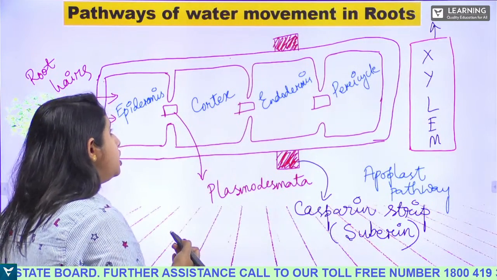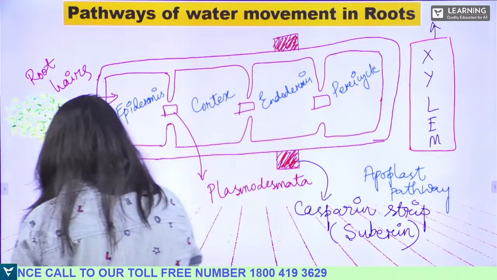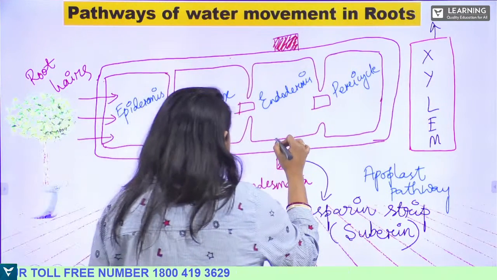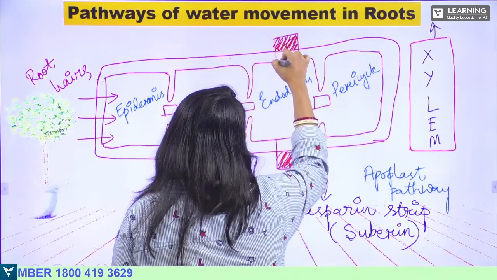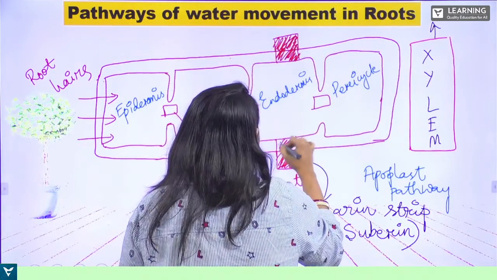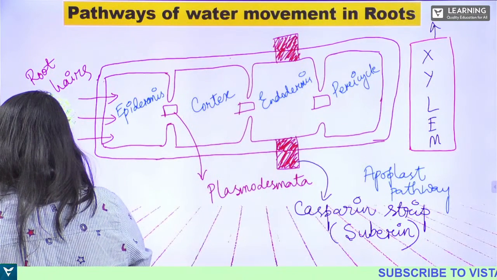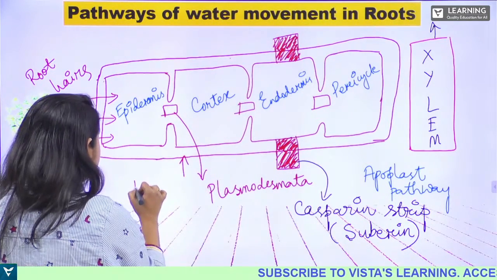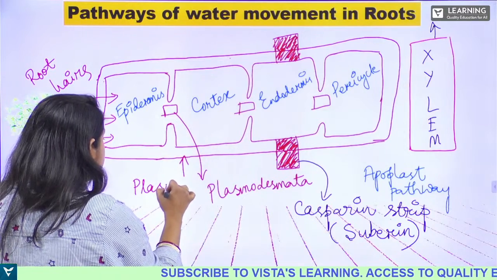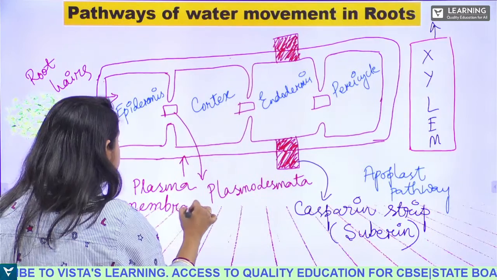This is suberin, this is the Casparian strip, and it is covering the plasma membrane. This is the cell membrane or the plasma membrane.